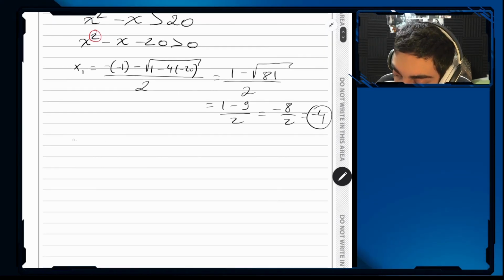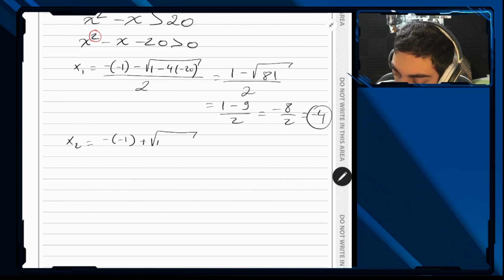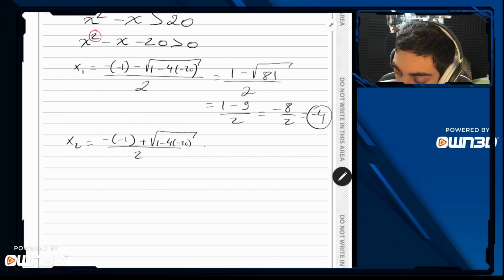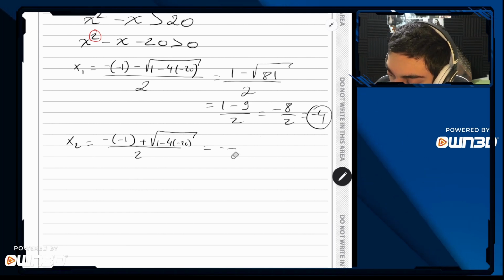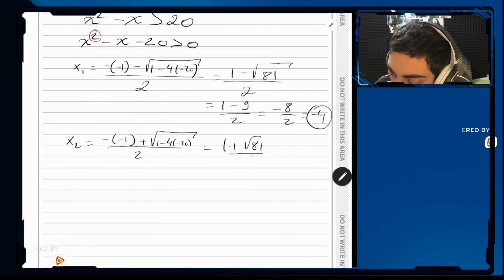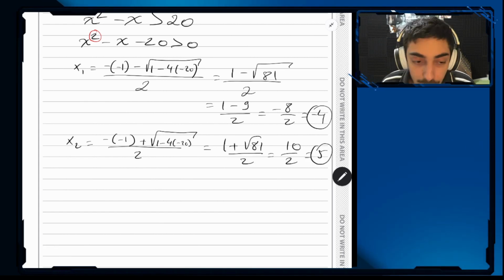And x2 is equal to minus 1 plus the square root of 1 minus 4 times minus 20, over 2. Well, plus here, the square root of 81 over 2. So this is 10 over 2. This is 5.